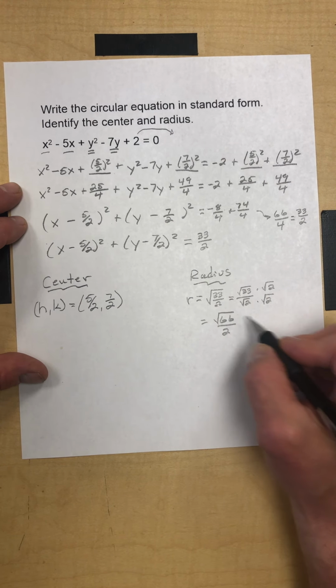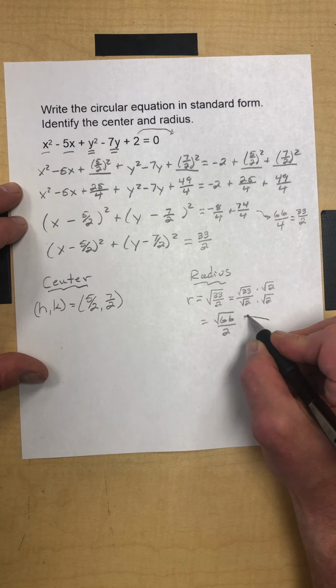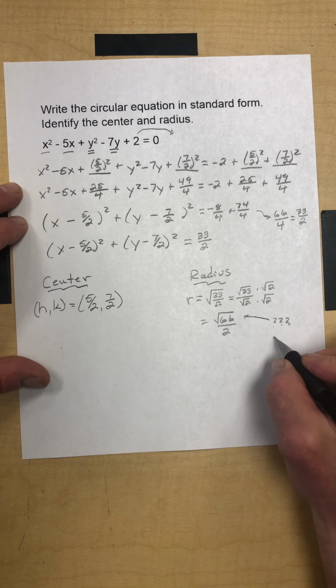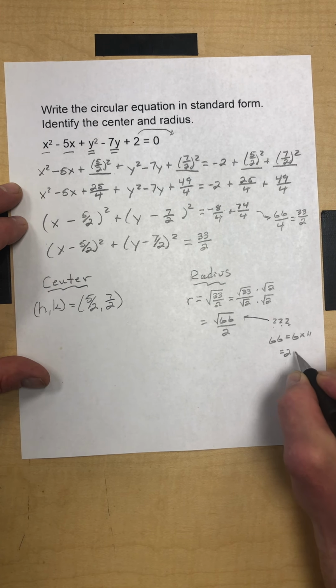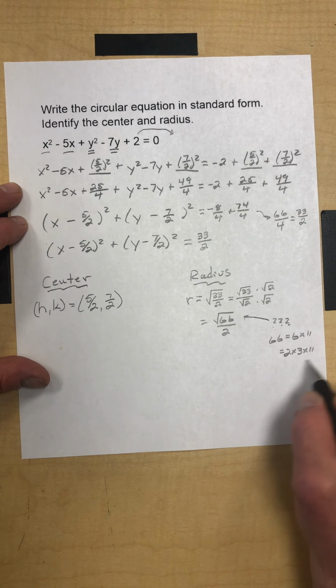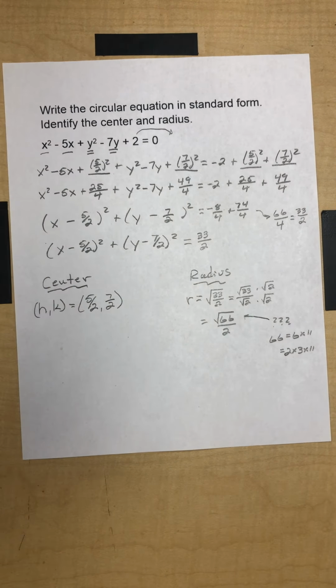Then I'm taking a look at this radical 66. I've got to worry about, is that in simplest radical form? Well, 66 is 6 times 11, which would give us 2 times 3 times 11, and there's no way to form a perfect square. So radical 66 is in simplest radical form.